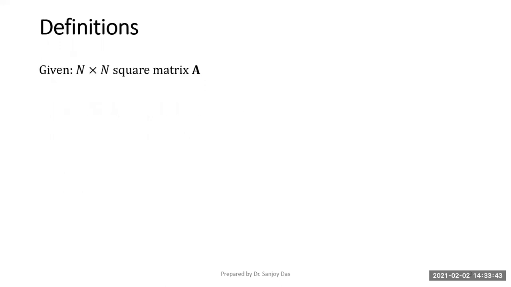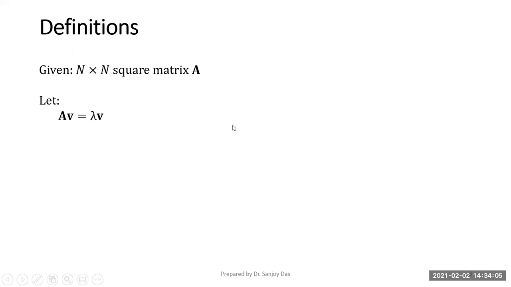Okay, so given an n by n square matrix A, let V be an n by 1 vector, and lambda be a scalar, such that AV equals lambda V, and V is not a zero vector.